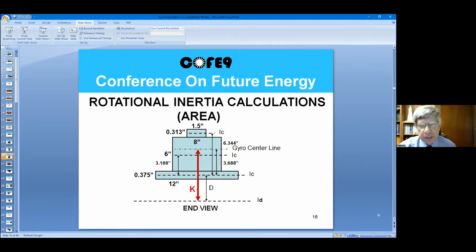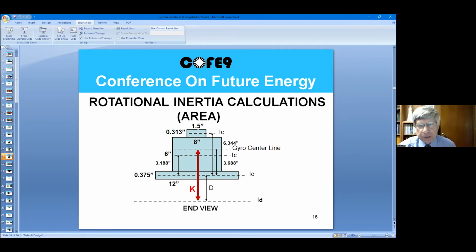Now the base plate is 12 inches by 3.75 inches thick. Center line on that one is the D distance that you're trying to go to, where your rotational point is. And then the 6x8 plate is above that. Its center line is here, which is 3.188 inches above the base plate.